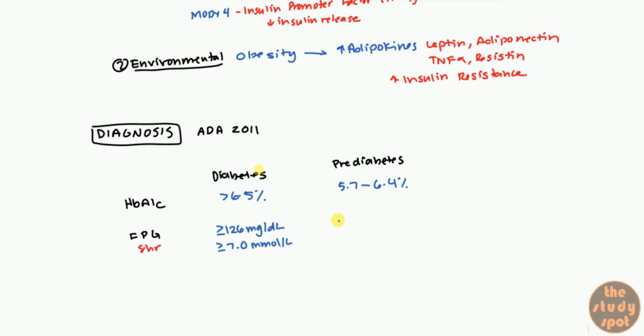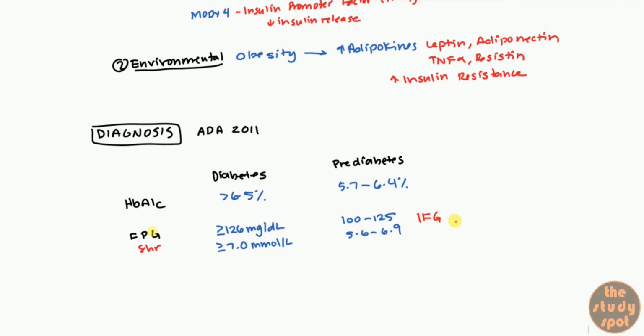To be considered pre-diabetes, it's going to be between 100 to 125 or 5.6 to 6.9 millimoles per liter. Oftentimes, when discussing patients with pre-diabetes, if their fasting plasma glucose is off, they might call this impaired fasting glucose, or IFG for short.